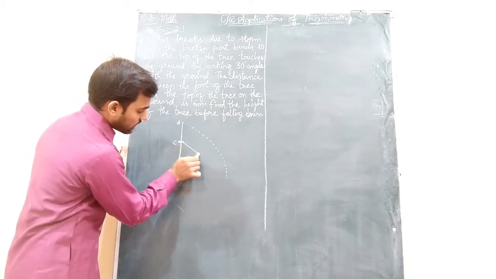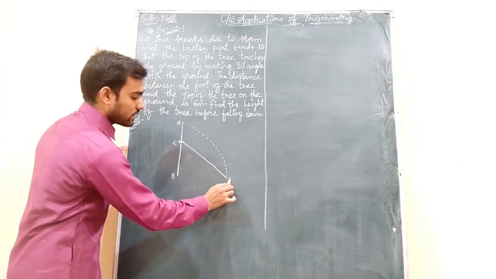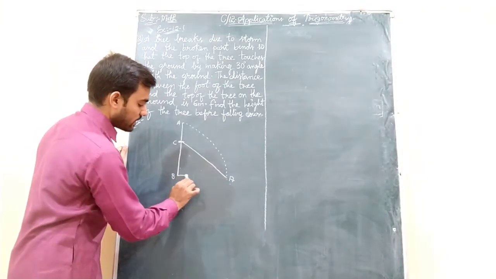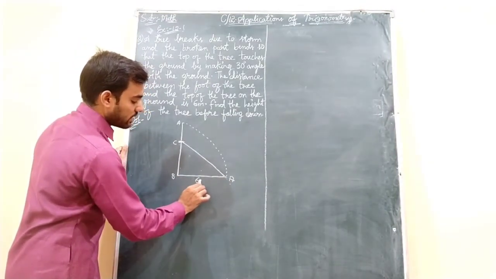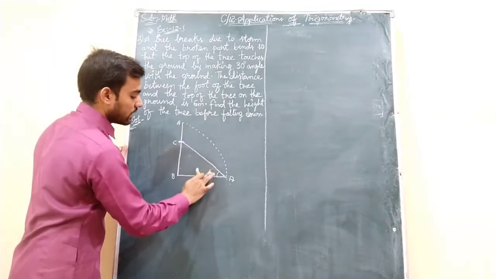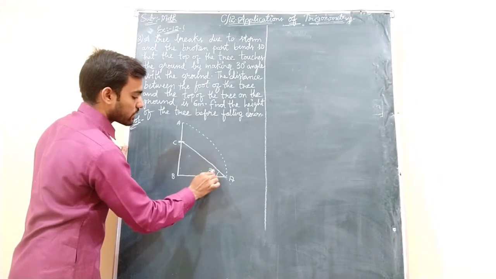So this part now came onto the ground. This A is now onto the ground. The distance between this and this is 6 meter given, and the top of the tree is making 30 degree with the ground given in the question.